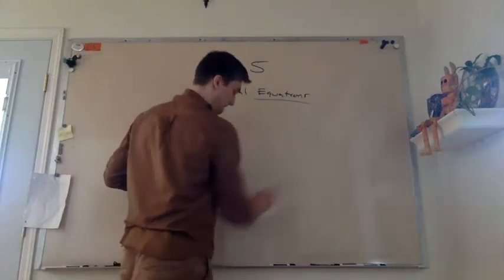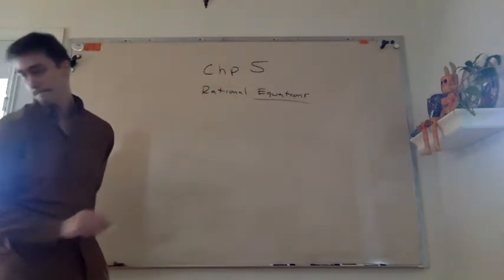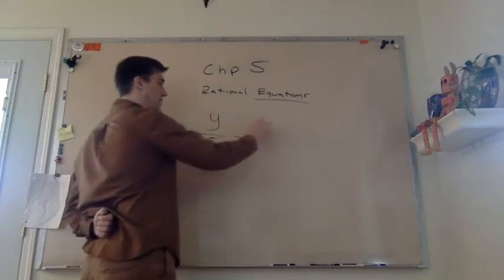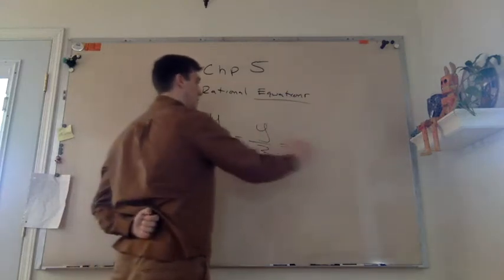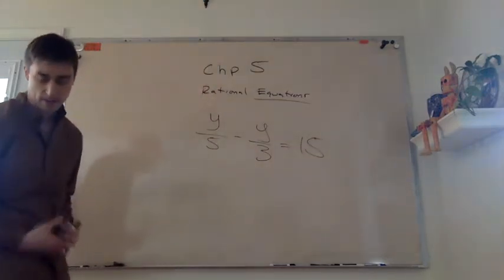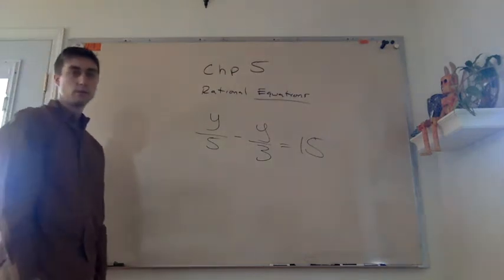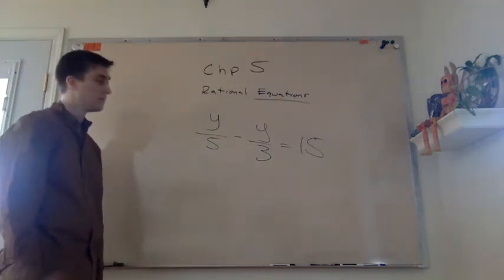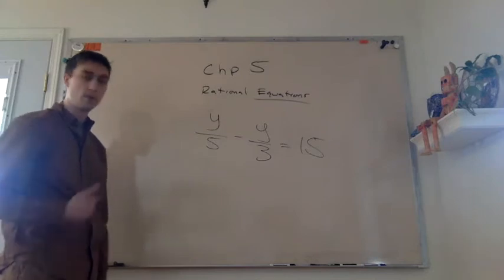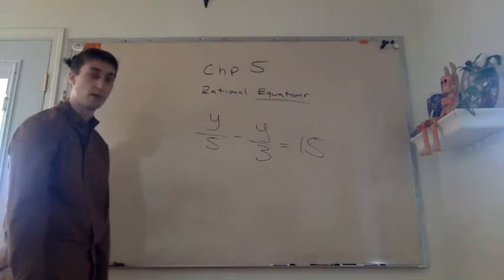So here, try one. Let's give you a similar one here, like y fifths minus y thirds equals 15. It's a pretty similar problem, so give that a try. It might be worth it to try it both ways, but like I was just saying, here's how I would do it if I was solving this alone.